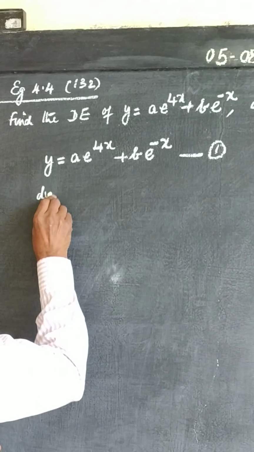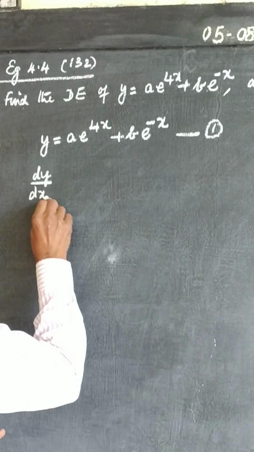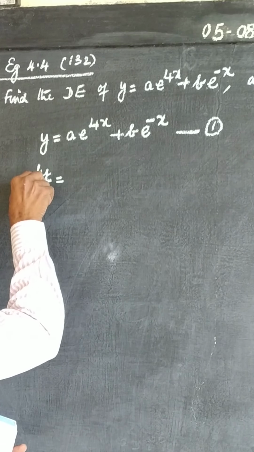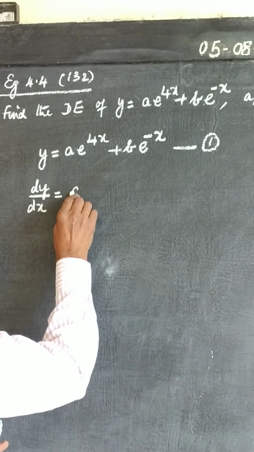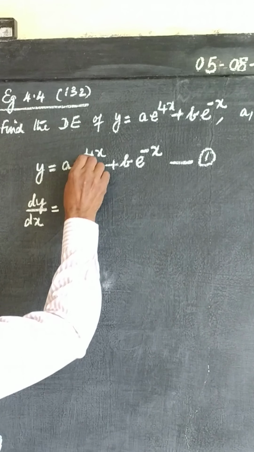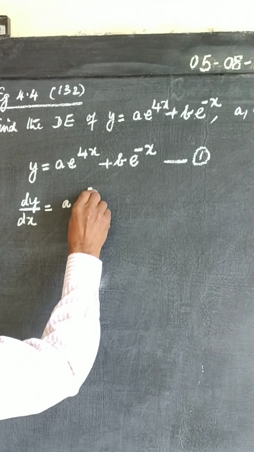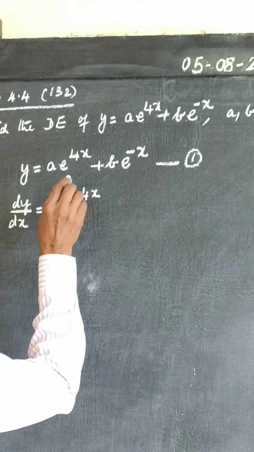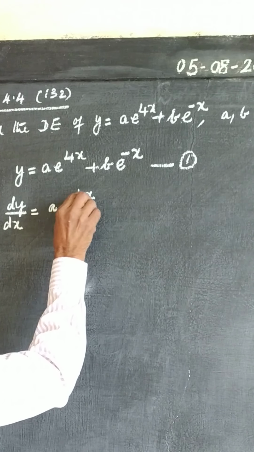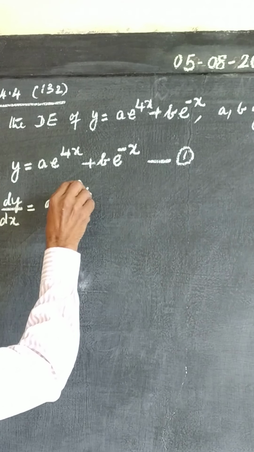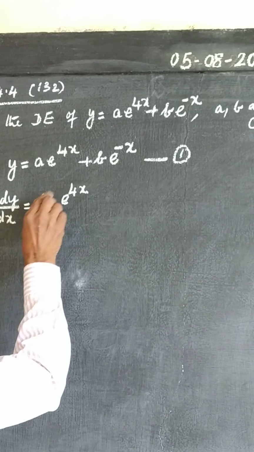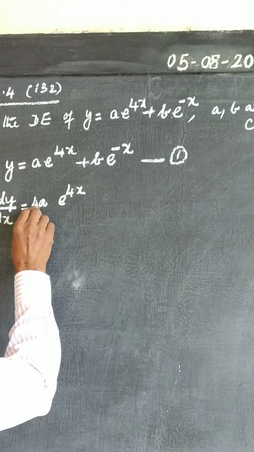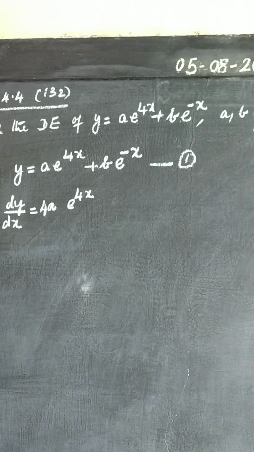Differentiating this once, the first time you are differentiating, that is called first derivative. Then a is a constant. e power 4x on differentiation, we get e power 4x itself, and again we are differentiating 4x, we get 4a e power 4x.